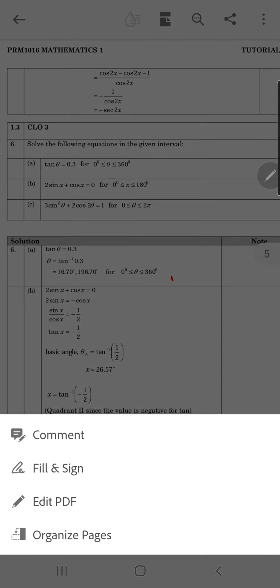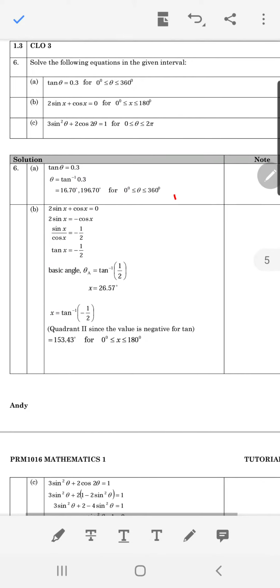Then question number B. You have 2 sin x plus cos x equal to 0. So sin and cos you can divide, change to tangent. So use a basic angle to find the tangent.